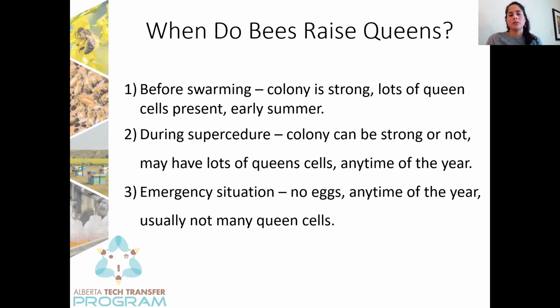So the colony is queenless, and the colony has to raise a new queen. Usually you don't see any eggs unless you catch it quite early, but usually there'll be no eggs. Can happen any time of the year, and usually again not many queen cells.